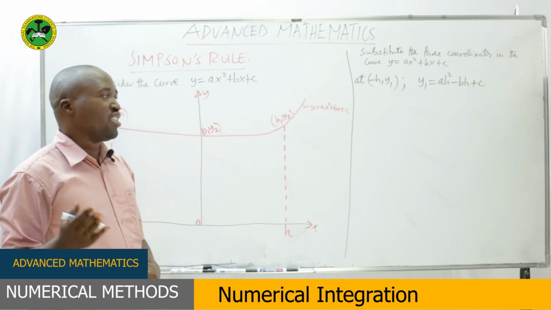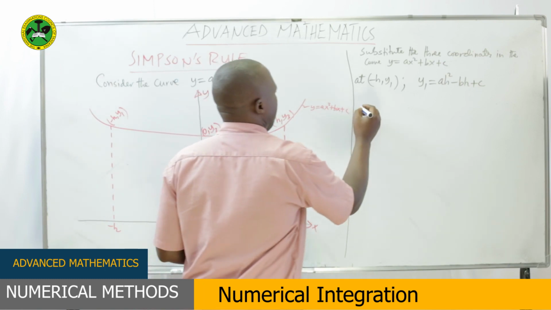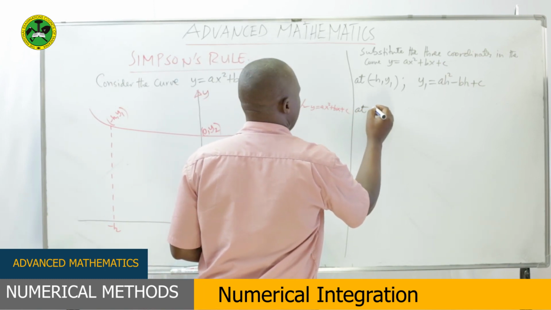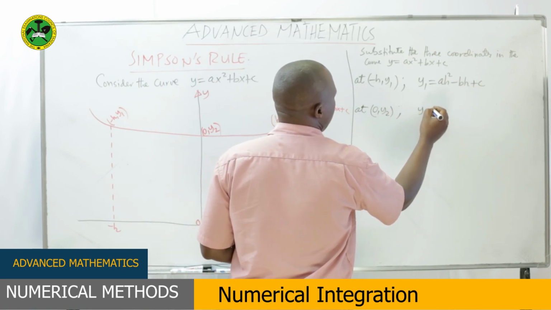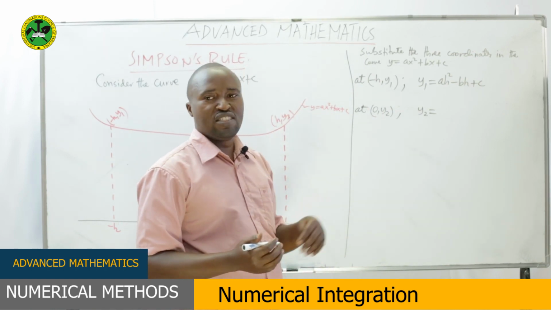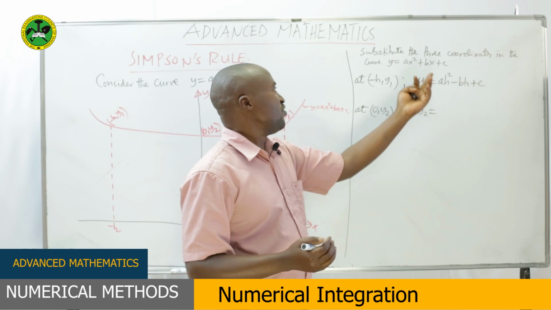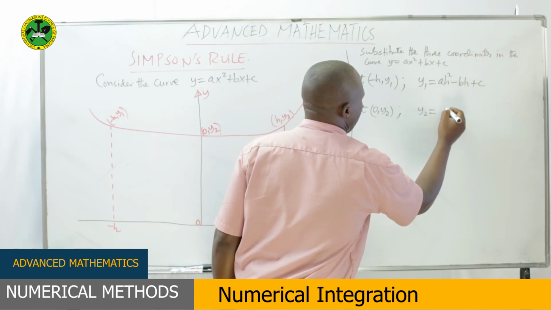But again, for the second coordinate, at 0 comma y2, we are going to have y2 is equal to, in this case we substitute x equal to 0, so it will be 0 plus 0, then plus c, so it is equal to c.